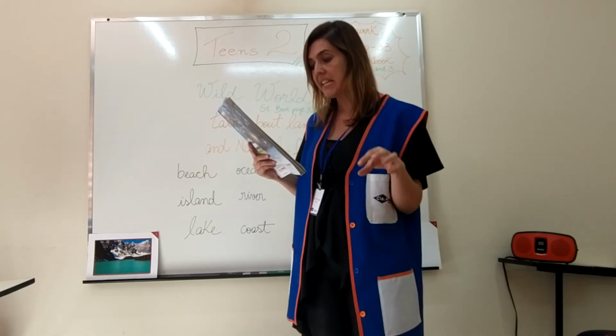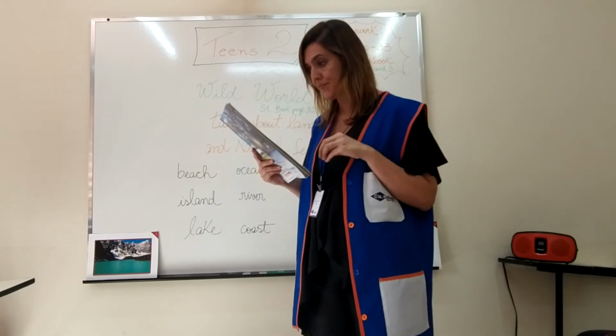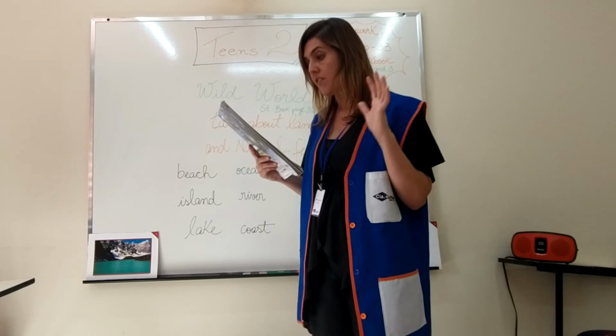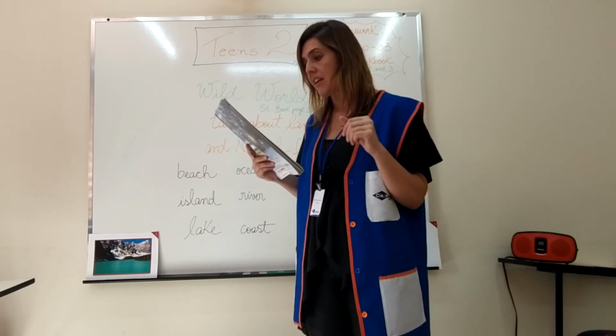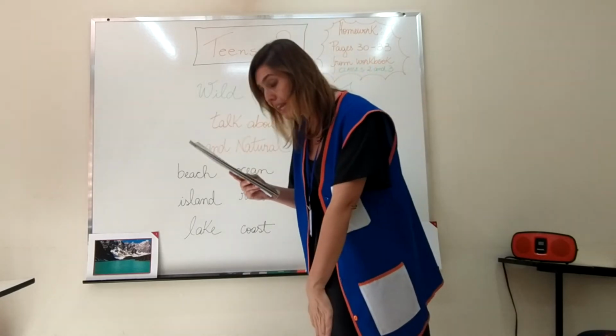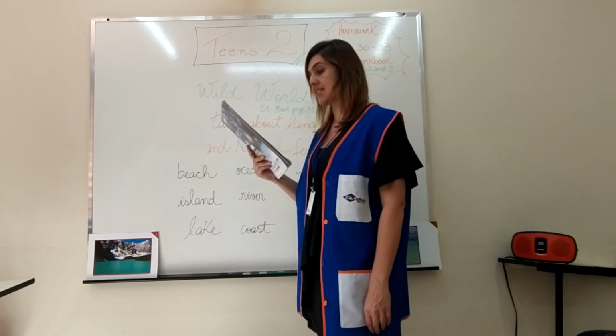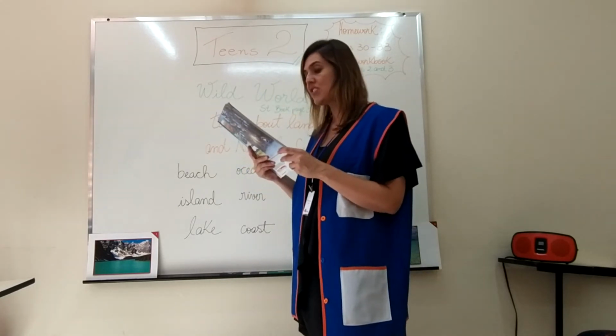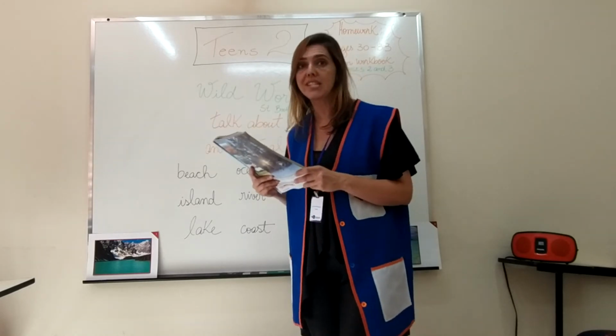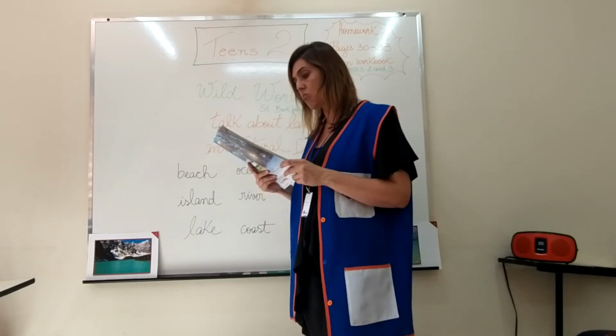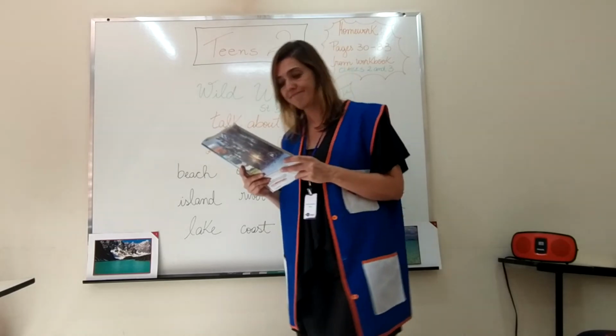Serengeti is the name of the savanna. Number 5, Crater Lake is the deepest lake in the USA. Number 6, a giant ice sheet covers Antarctica. All right, guys, easy, huh?